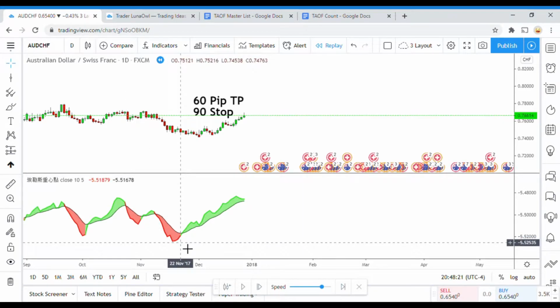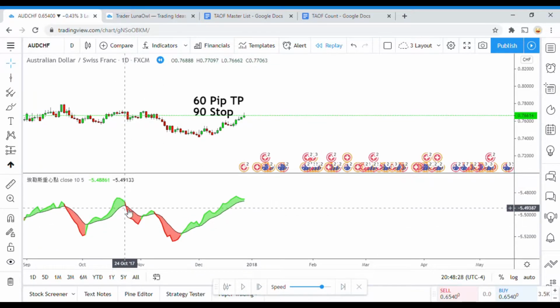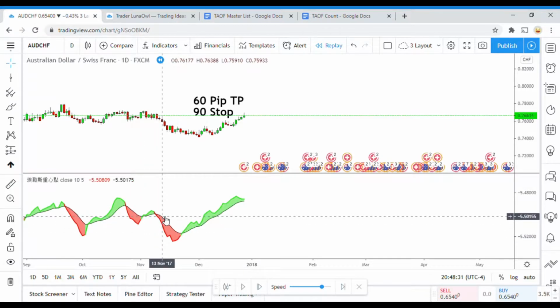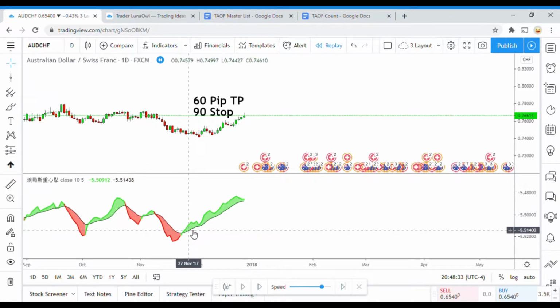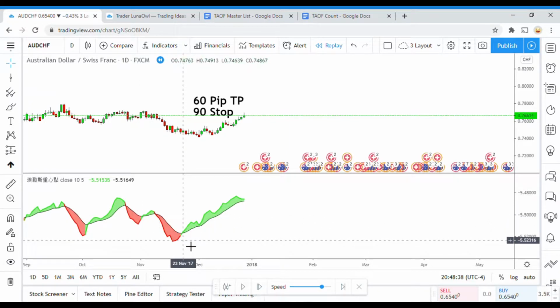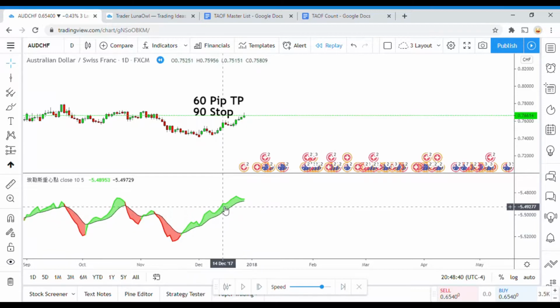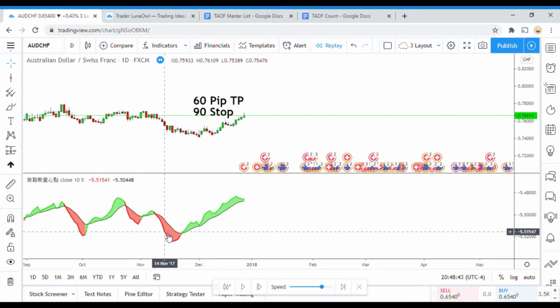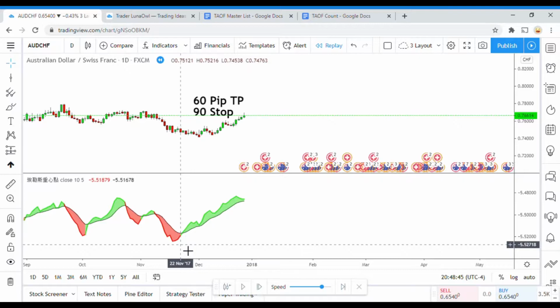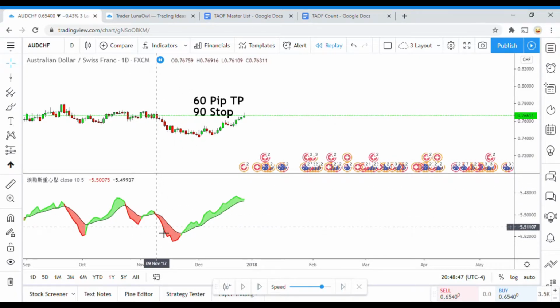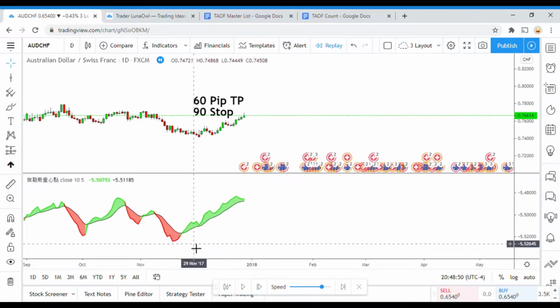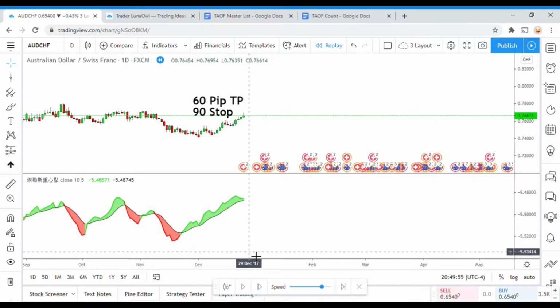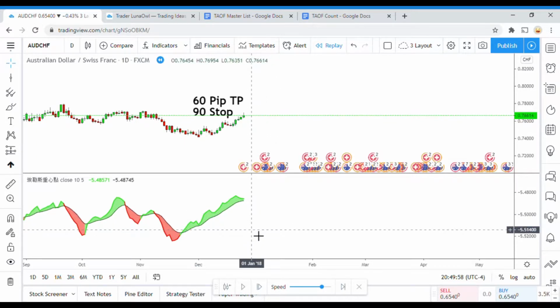It's similar to a two-line cross type setup, where you have a faster line and a slower line, and when one crosses the other, it gives you a signal. But the way this one is coded, it has a background that will give us a green signal for a long or a red signal for a short. And that's how we will be testing it today.